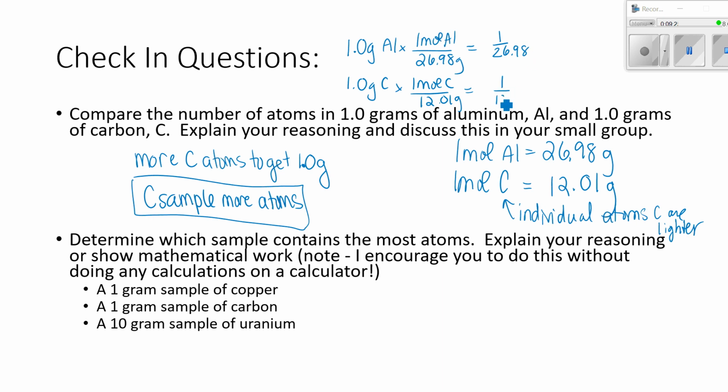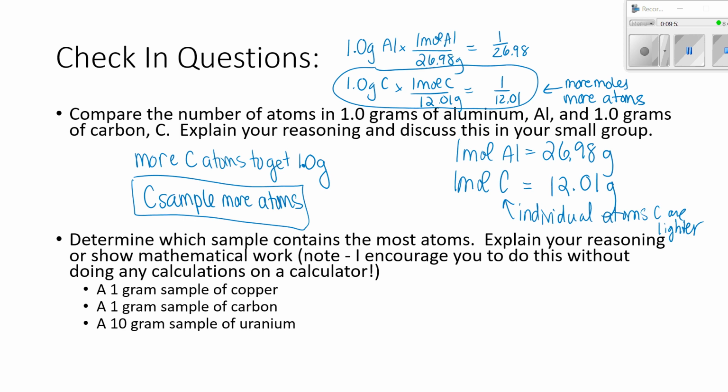This is 1 divided by 12.01. So we're going to end up with a larger number here. So your 1 gram of carbon contains more moles, which means it also contains more atoms. So that's another way to answer that question mathematically. Notice I still don't have to use my calculator, right? I just have to know that 1 over 12 is bigger than 1 over 26. So don't use your calculator if you don't need to.